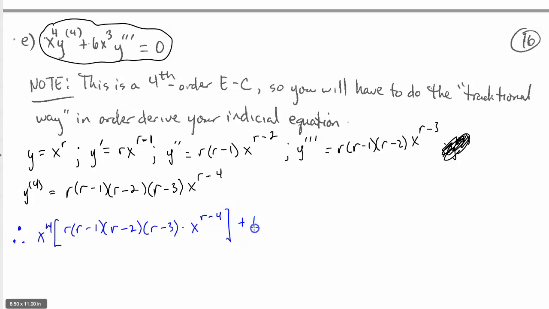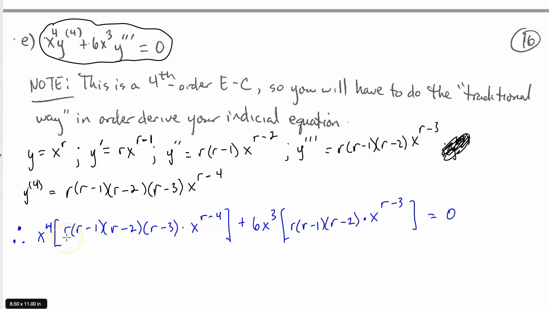And this is going to be plus 6 times x cubed. And now the third derivative, which is right here. And all that is equal to 0.